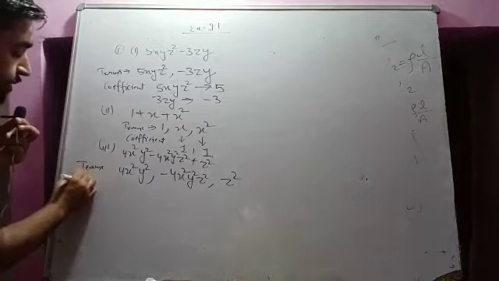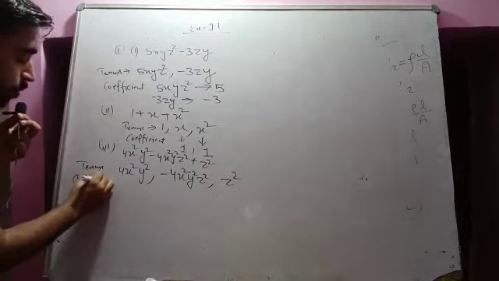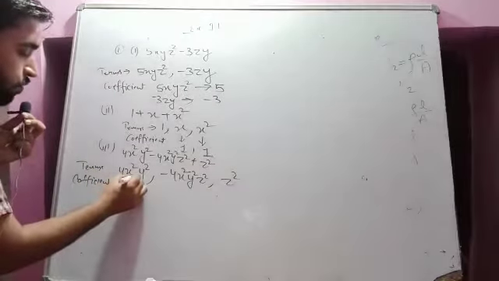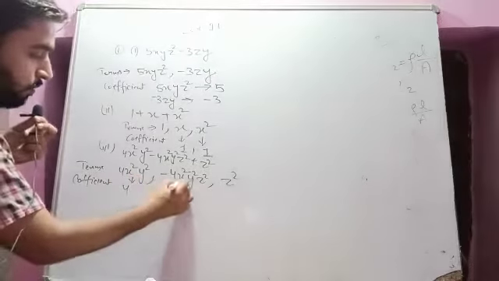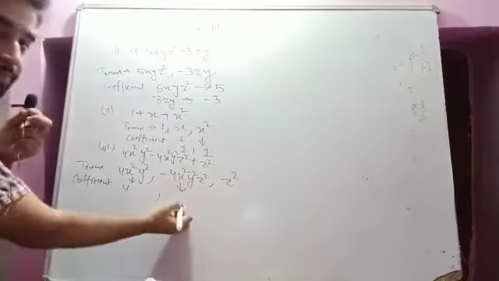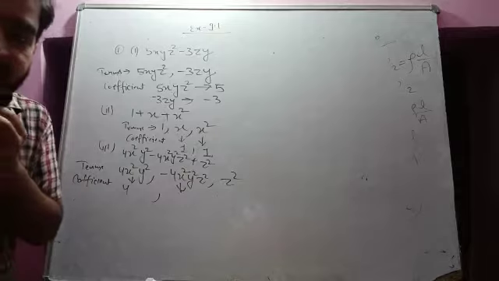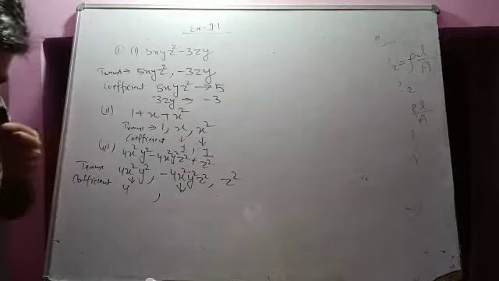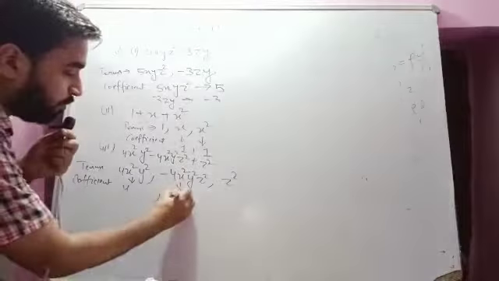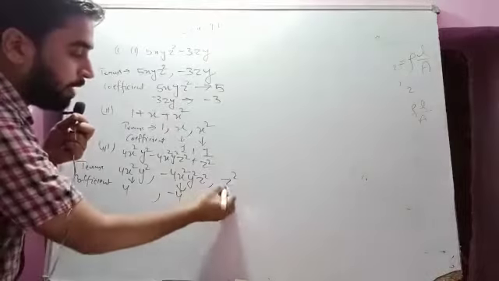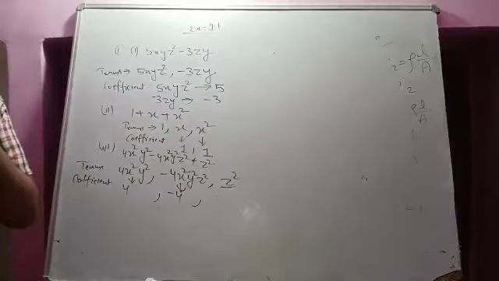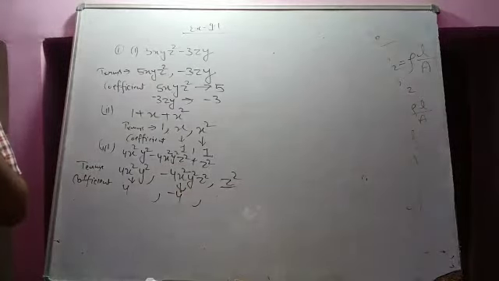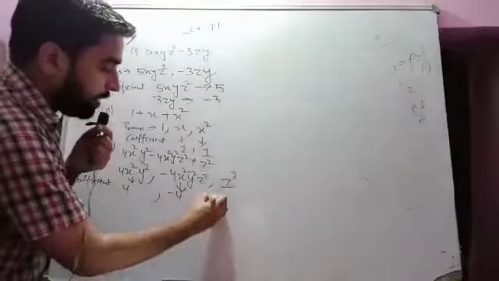What are the coefficients, if we write the coefficients along with them? For this the coefficient is 4. For another one, which number is multiplied? As you can see clearly, it is minus 4. So minus 4 is the coefficient. Here nothing is written for z square. So if no number is given to us, then the coefficient is 1.